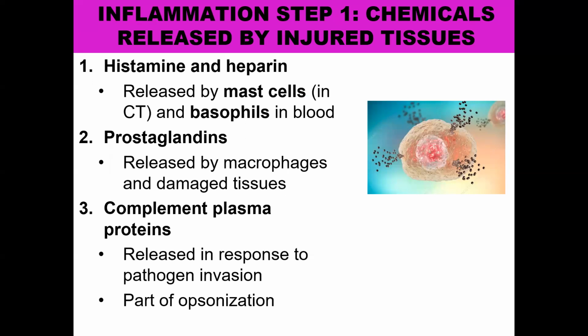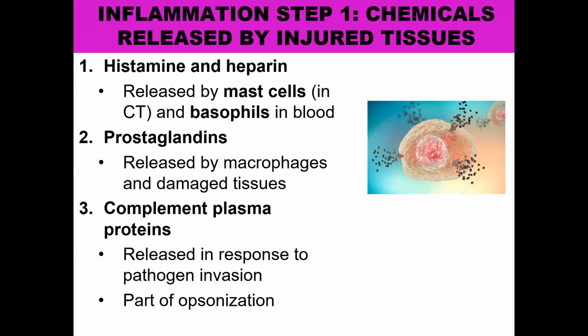Then we're going to have prostaglandins released by the macrophages and the tissues. That's going to also amplify the immune response. And then we have a new player called complement plasma proteins. So these are some of those big proteins that are in your blood that are non-nutritive, that stay in there, but they are going to be released when pathogens invade, and they are part of opsonization.